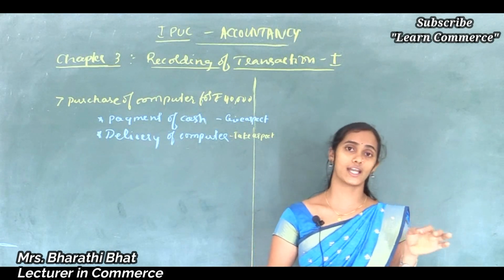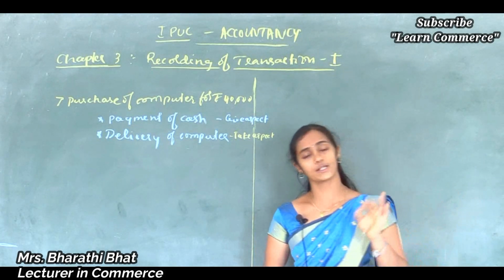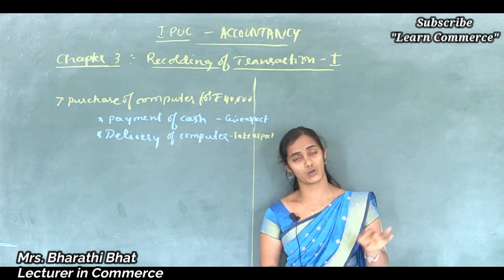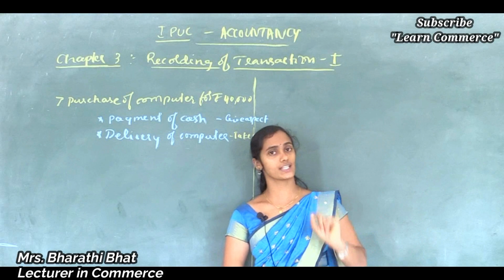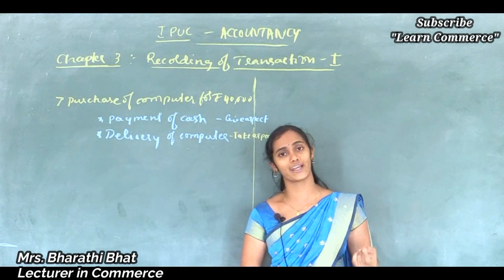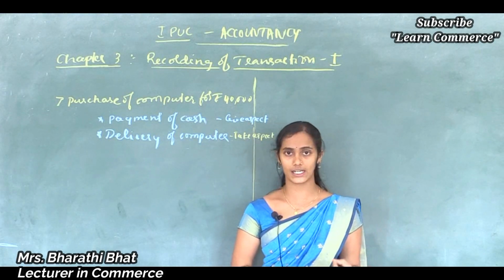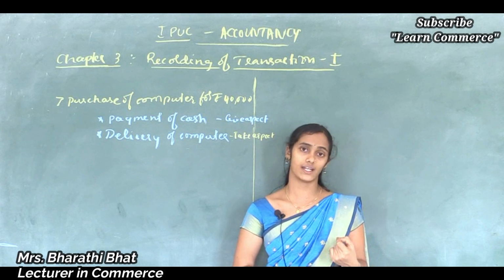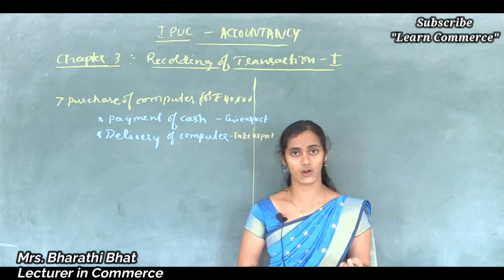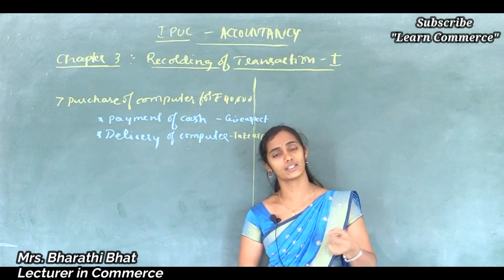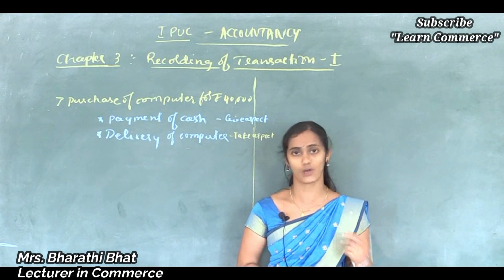A business transaction is usually evidenced by a source document, that is, documentary evidence such as bills, vouchers, invoices, salary slips and checks. These are all considered documentary evidence or vouchers, and this is the source document based on which we can record the transaction in the books of accounts.